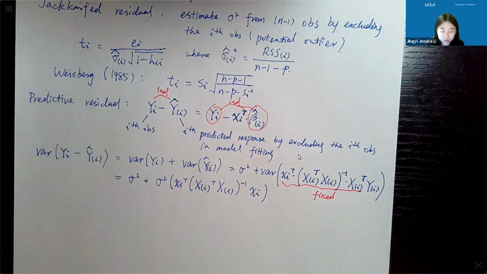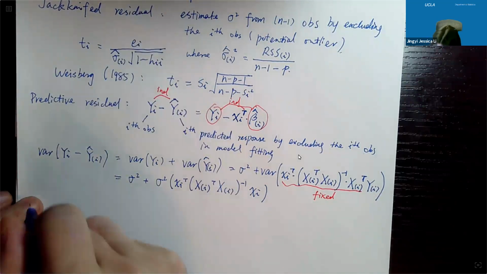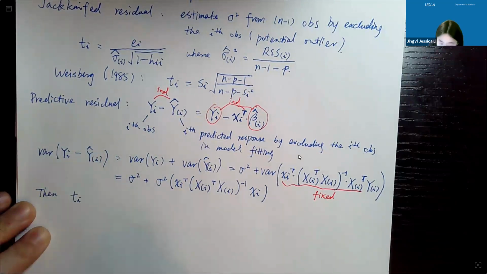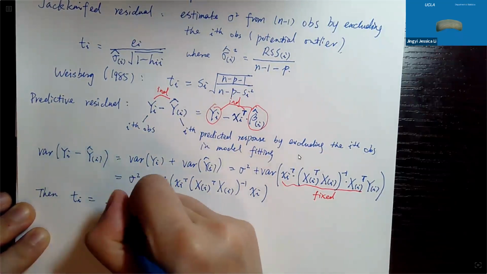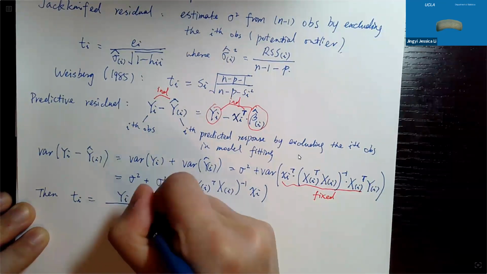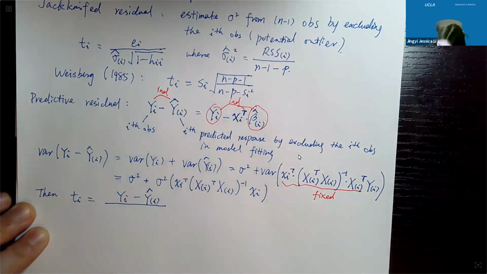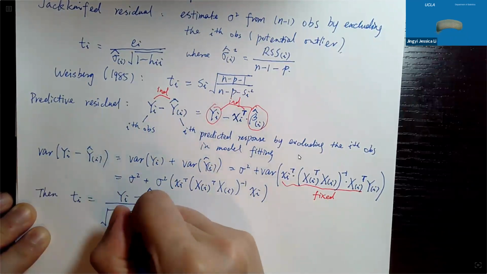So why do we want to talk about this? The reason is that now we can see a very interesting equivalence relationship. That is, this Jackknife residual can also be shown to be equal to yi minus y hat I divided by this.